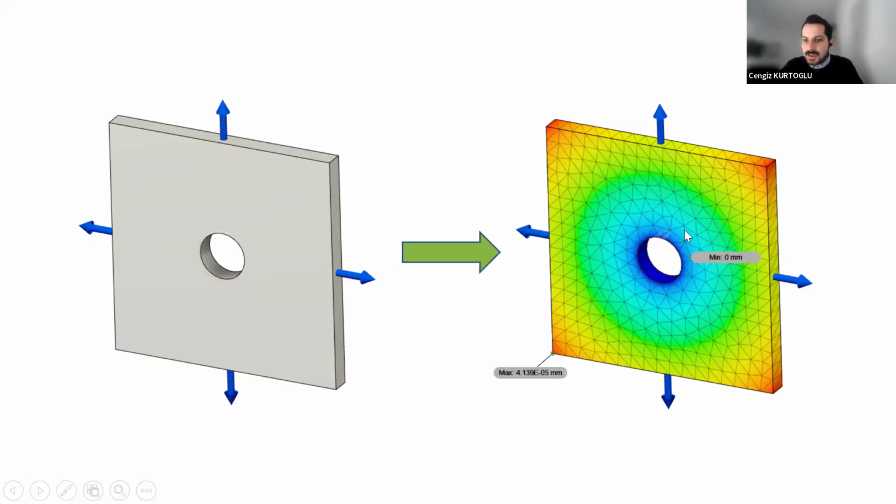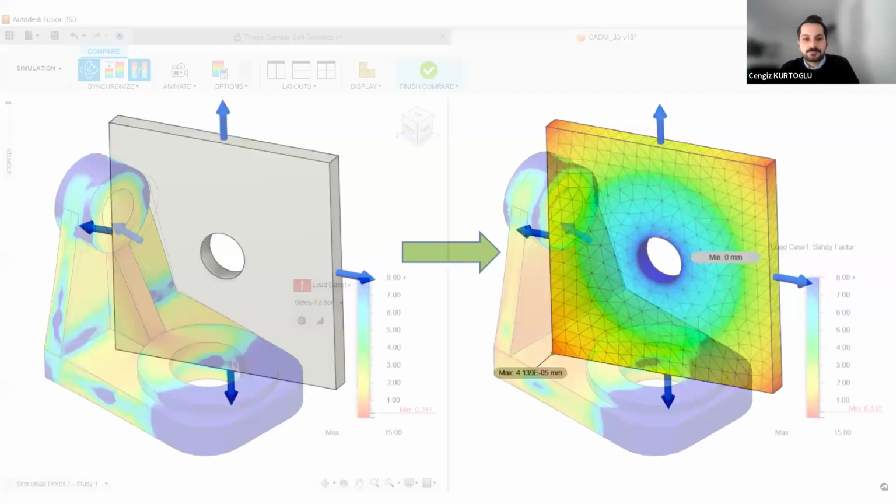For example, in the diagonal way, it is longer here, so it could give more results as a maximum value in displacement. Well, it's just an explanation about the basics of static stress simulation.